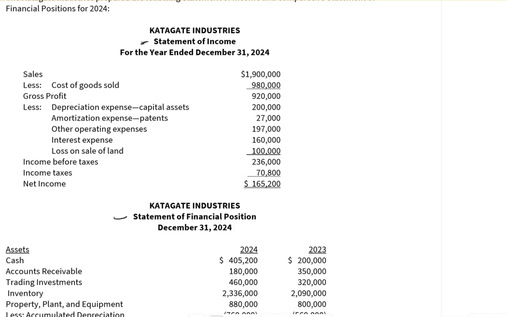When you have a cash flow statement, you always start with the name of the company, and it is Keda Gate Industries, and it is called statement of cash flow. When are we doing it? We're doing it for December 31st.